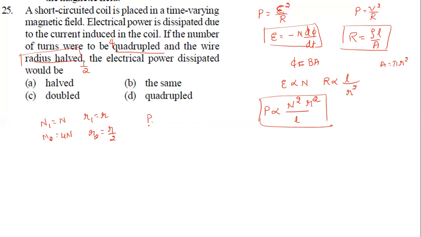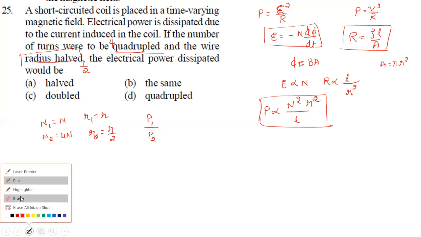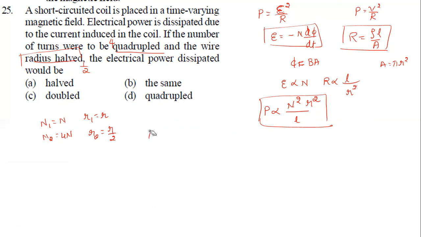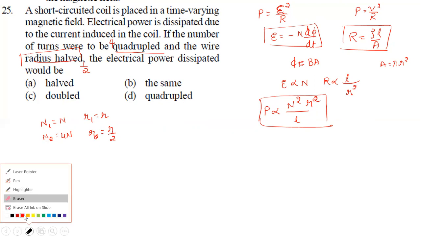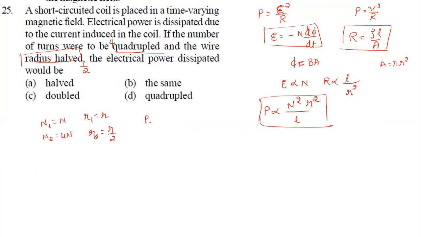Now I'm going to take P1 by P2. Or I should find out the electrical power dissipated in the second case, right? I will take P2 by P1. It will be better then. If I take P2 by P1, it will become what now? N2 square, R2 square by L2, multiplied by the reciprocal, right?